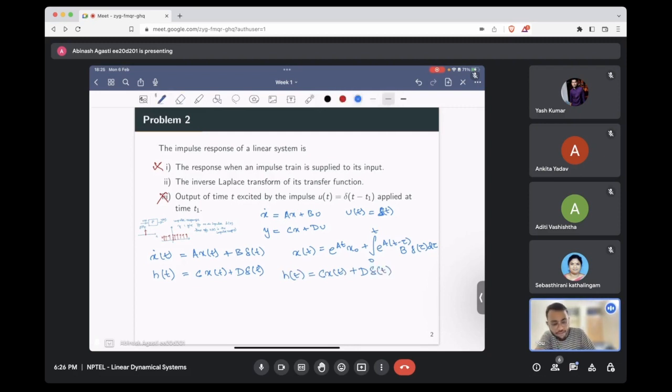Now I want to see whether this transfer function, like, if this option is correct, then h of s by u of s should be equal to the Laplace transform of the impulse response.